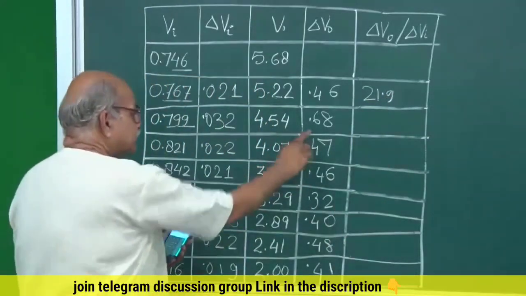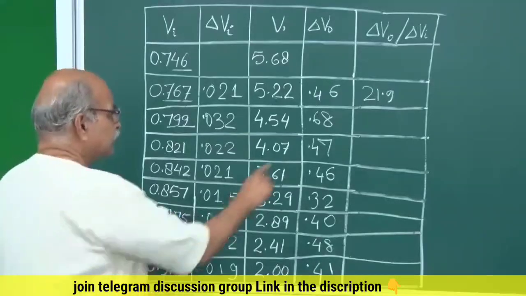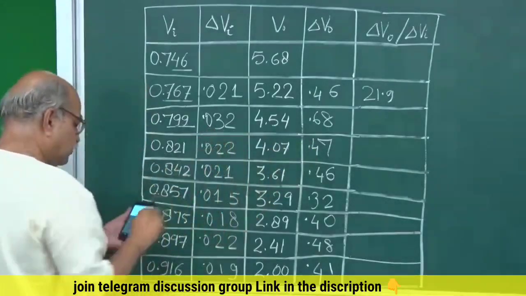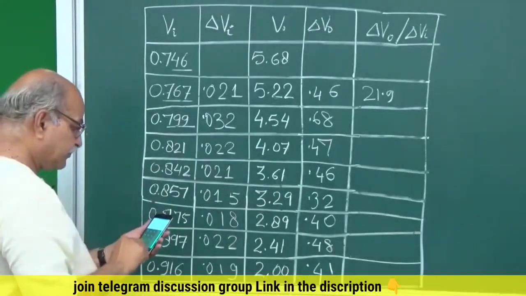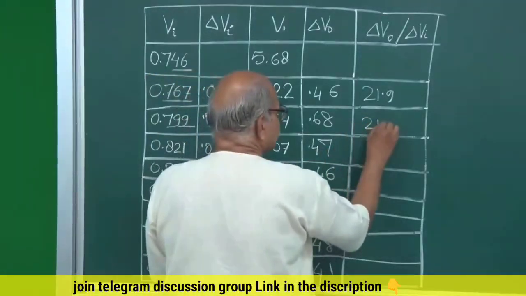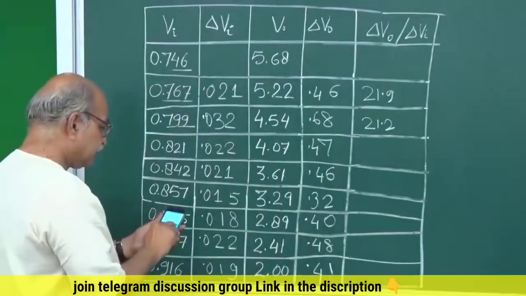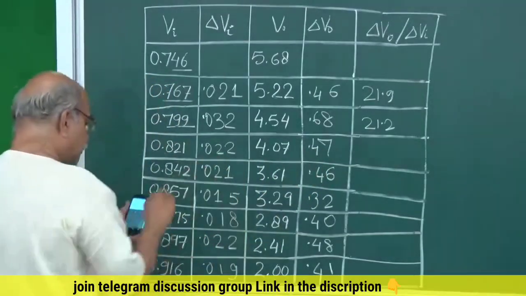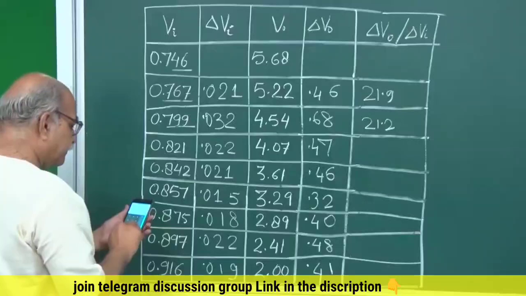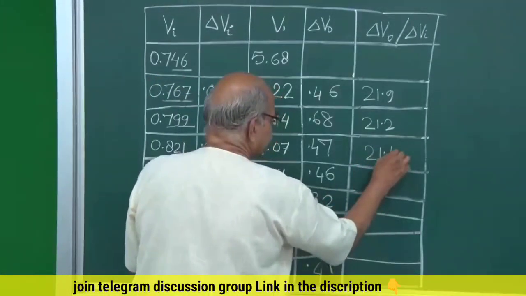Then 0.68 divided by 0.032 turns out to be 21.2. 0.47 divided by 0.022 is 21.4.